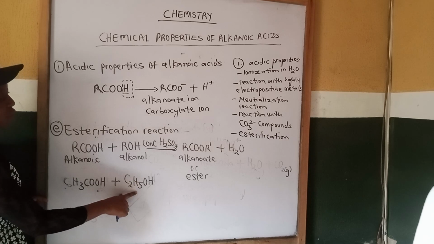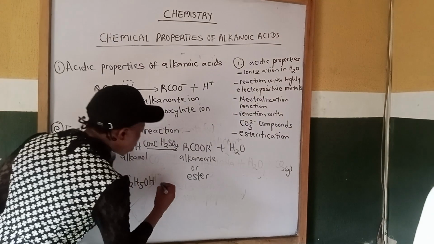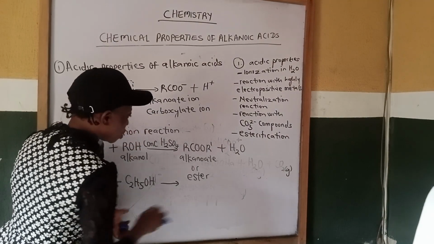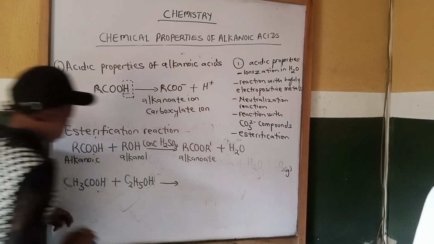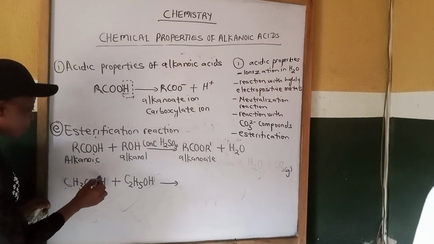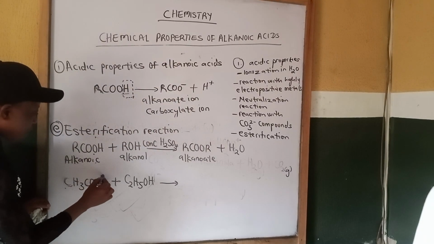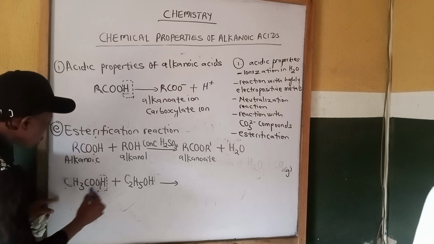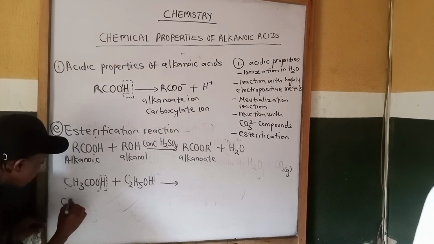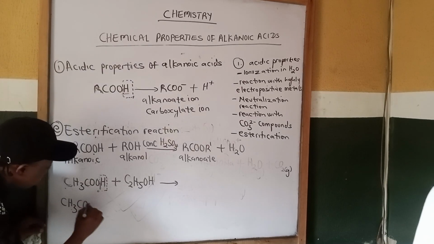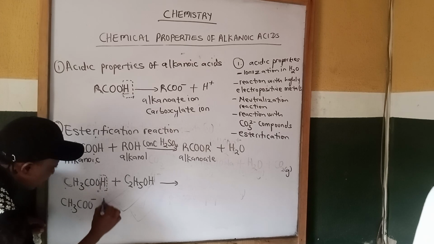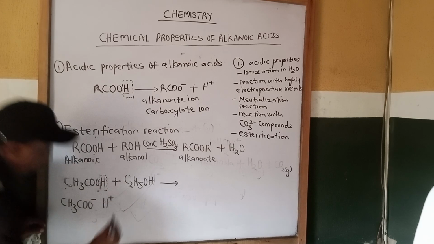So this is an alkanol. Then what will be our product formed? So hydrogen will be displaced. So this compound will be split into CH3COO minus. Then hydrogen will be released, hydrogen ion.